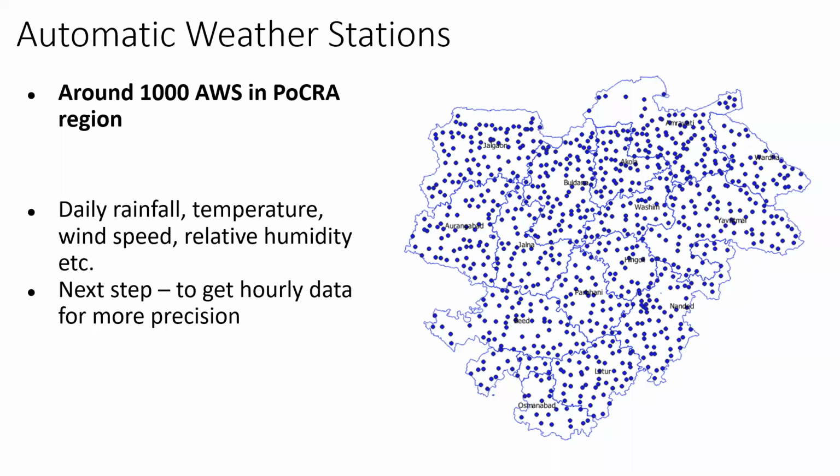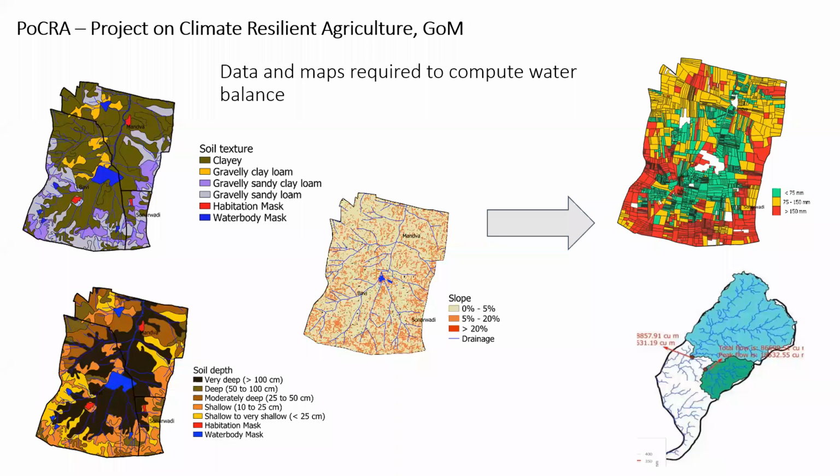On the other side, the dynamic data we require is the weather data. All of this is part of the project on climate resilient agriculture, POKRA, a Government of Maharashtra project aided by the World Bank, currently being implemented in around 5,000 villages in the Marathwada and Vidarbha regions. All these maps are prepared as part of this project for these villages.